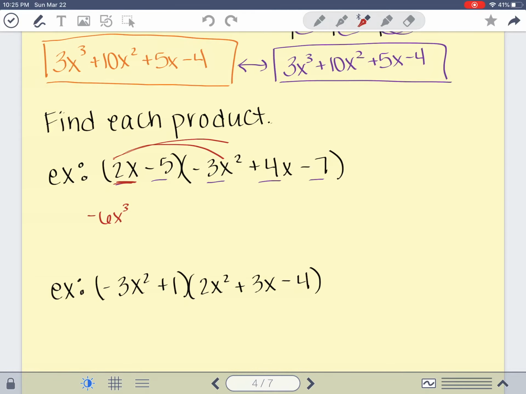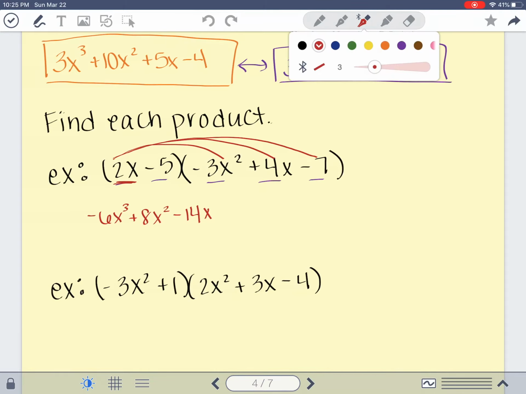My first term in my first also gets multiplied by that second term in the trinomial. 2 times 4 gives us 8. X times x gives us x squared. And then the first term in the binomial also gets multiplied by that third term in the trinomial. 2 times negative 7 gives us negative 14, and bring along that x.